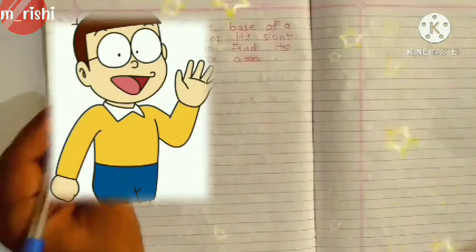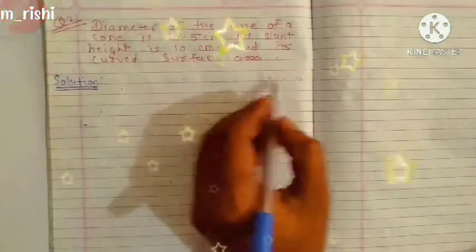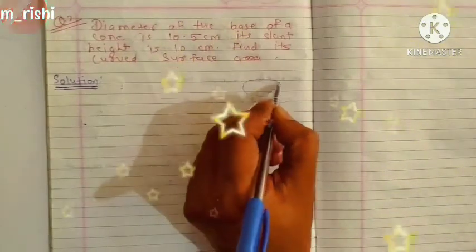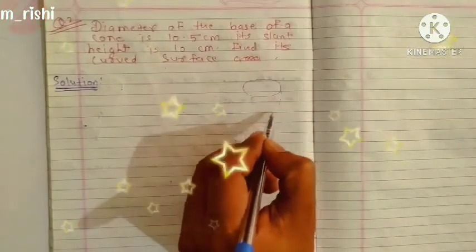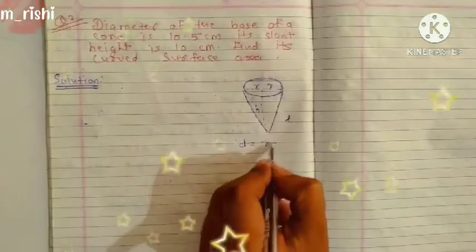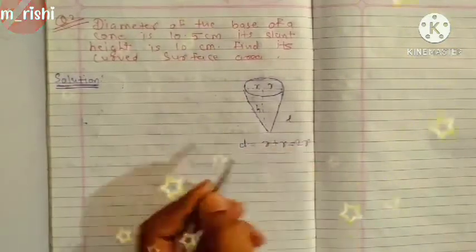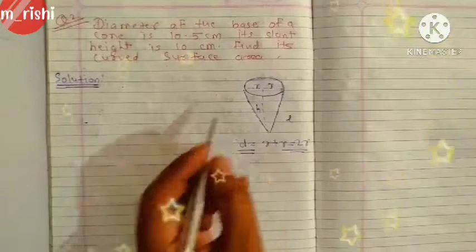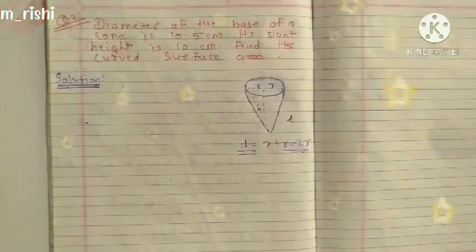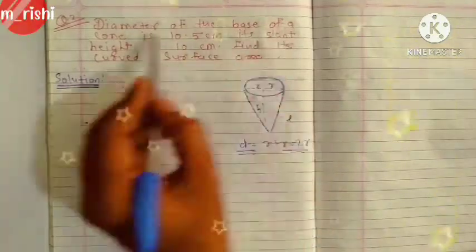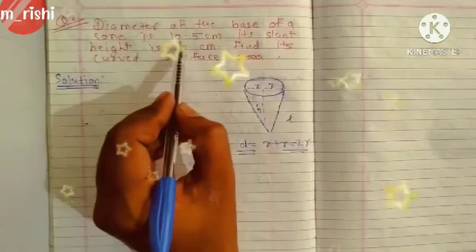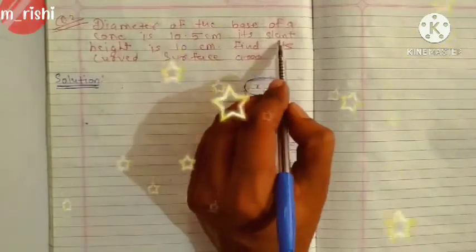Next sum is on diameter. Solution: first I draw the cone here for better understanding. This is the diameter, r plus r, 2r, so d equals 2r. The diameter of the base of a cone is 10.5 centimeter.